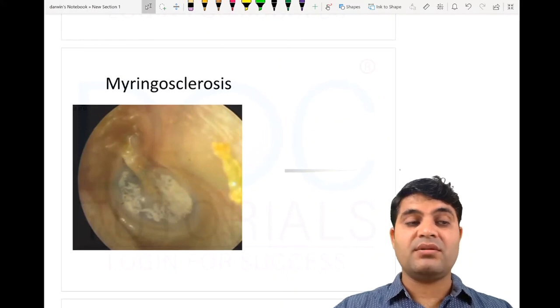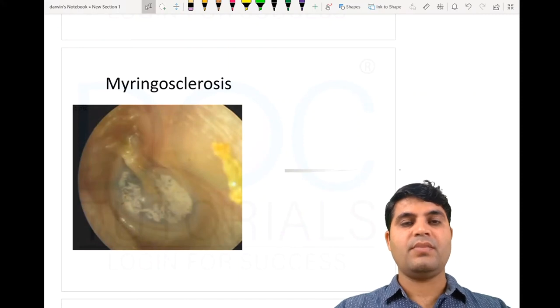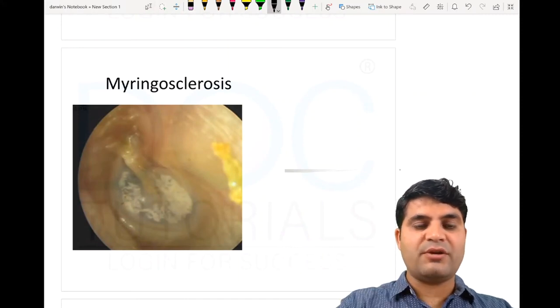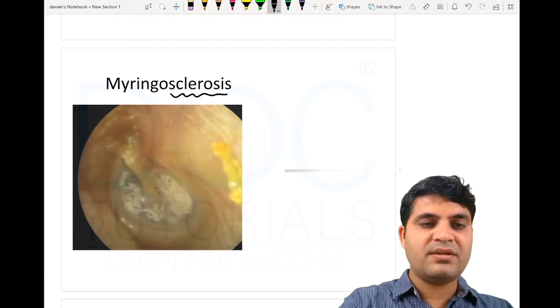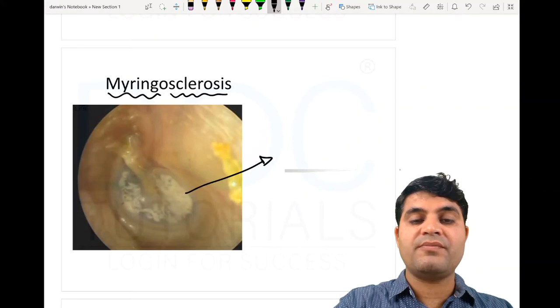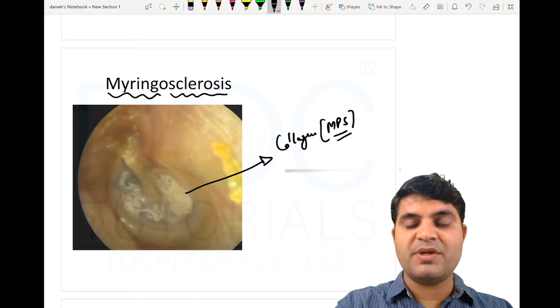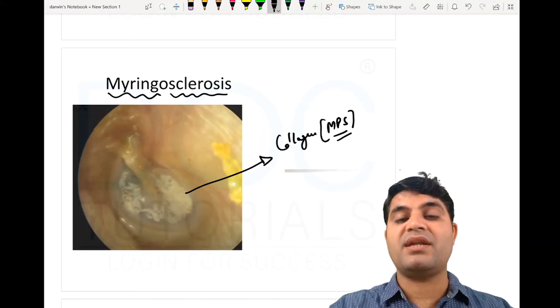Now next is tympanosclerosis. What is this tympanosclerosis? By name you are able to analyze thickening of tympanic membrane. What is it? It is collagen. In biochemistry you must have read mucopolysaccharide.